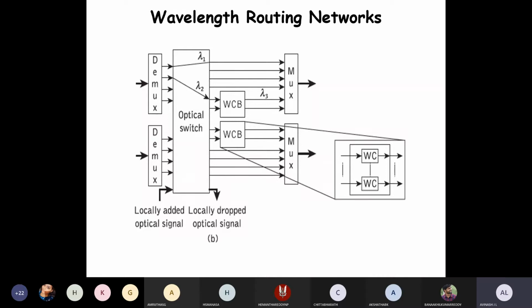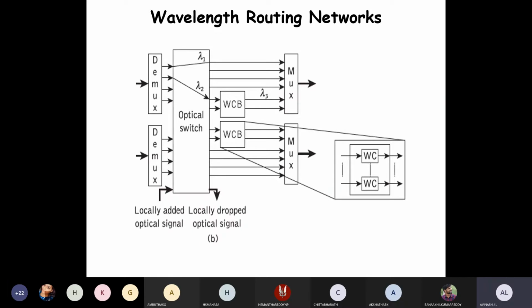In the bank, maybe 1 or 2 or 3 or 4 wavelength converters will be available. Whatever signals are supposed to be converted in wavelength can be fed into the wavelength converter bank. After that, the required signals will be converted with respect to their wavelength, and then fed to the multiplexer.